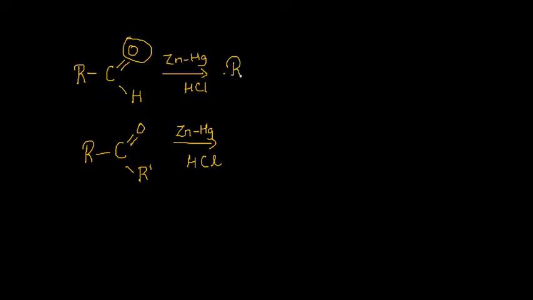So when you perform this Clemmensen's reduction in the presence of zinc amalgam and HCl, where ZnHg is a mixture of zinc and mercury, which is called zinc amalgam, you remove the oxygen atom and add hydrogen atoms, so you will get RCH3.